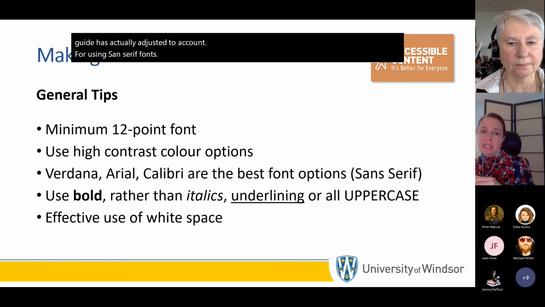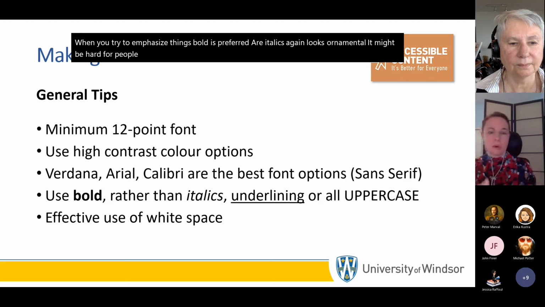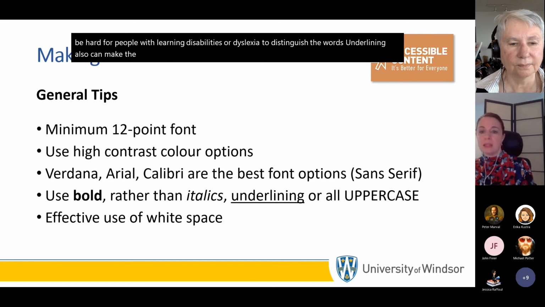When you're trying to emphasize things, bold is preferred. Italics, again, looks ornamental. It might be hard for people with learning disabilities or dyslexia to distinguish the words. Underlining also can make the words difficult to distinguish unless it's a hypertext link. That's kind of understood.